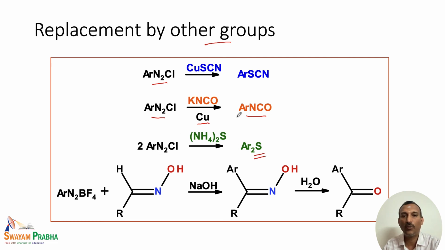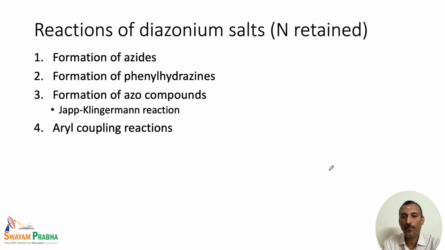So, these are some of the examples given here, and aromatic diazonium salts can be converted to the corresponding ketones by treatment as shown here. Oximes can be used in this particular reaction. So, the diazonium salt and the oximes react together to give the corresponding substituted ketone derivatives.